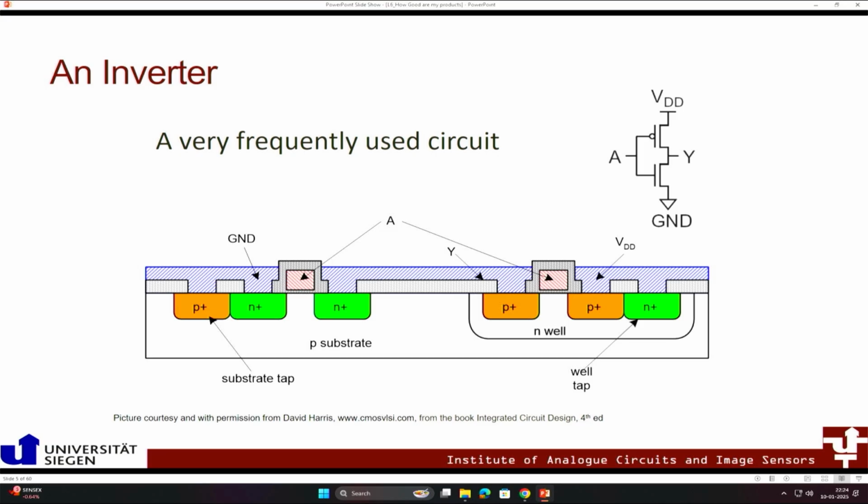That's how the vertical cross-section of a physically made inverter looks. Most processes these days are a P-substrate process. So we take a semiconductor, mostly silicon, but there are people who also make it from gallium arsenide or silicon germanium process and others, but mostly silicon. And typically we start with a P-type substrate. Here we make an N-well to make the PMOS transistor, because the PMOS transistor has different characteristics.